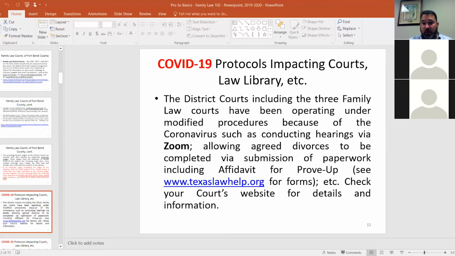There's a health screening to come into the law library or come into the courthouse, taking your temperature and so forth. So like I said, things are kind of in flux as how things are being handled here at the Justice Center. It pays to look on the various websites and avail yourself of that information so that you can still get your case through the system in some manner.